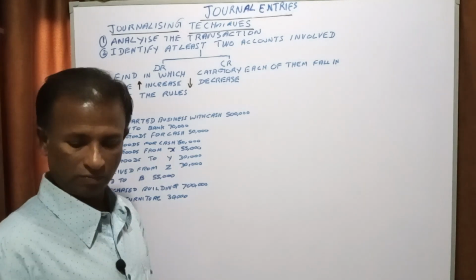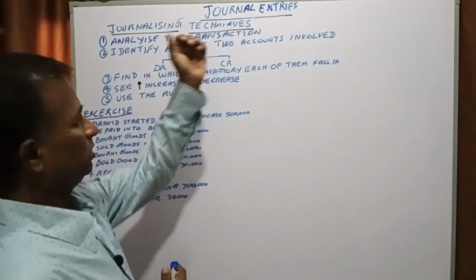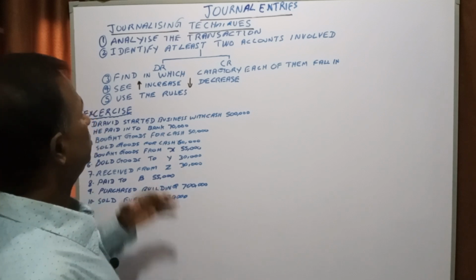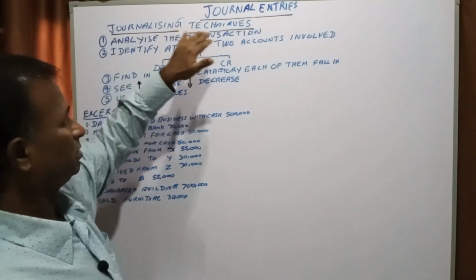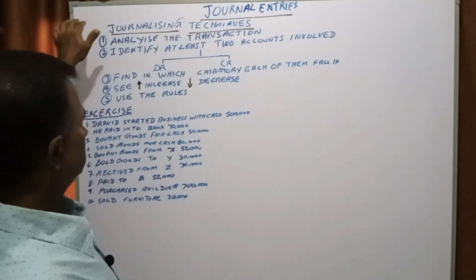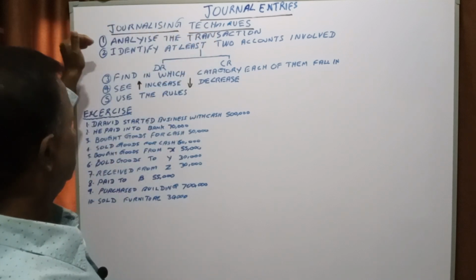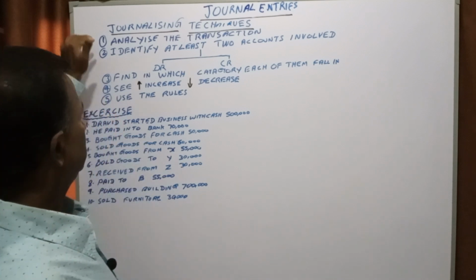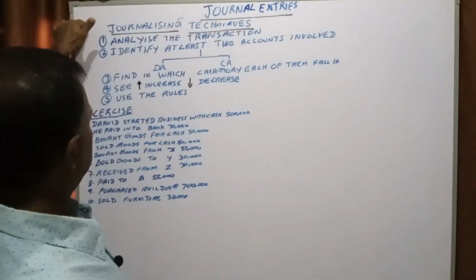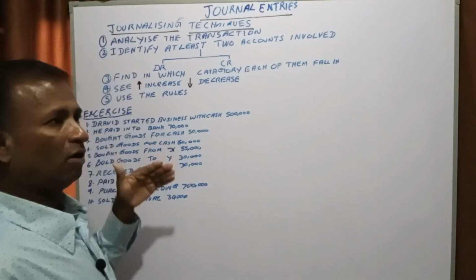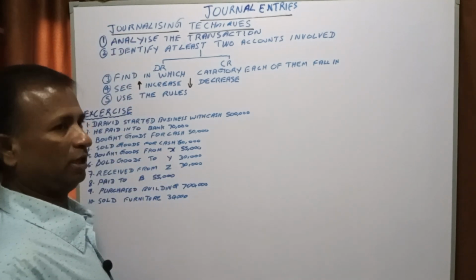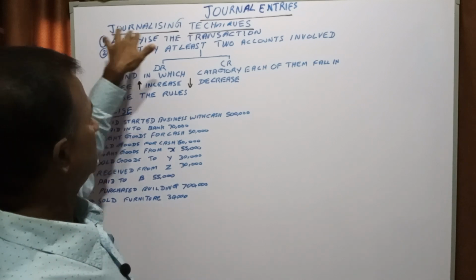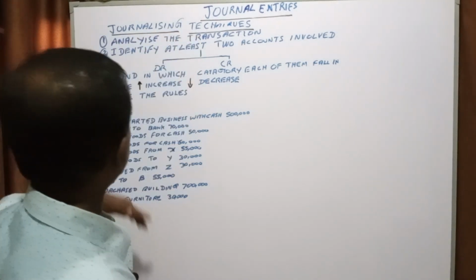First of all, we will try to learn how to pass the journal entries in our book of accounts, right? Before passing journal entries, you have to go through a few steps, right? First, that is called journalizing techniques.